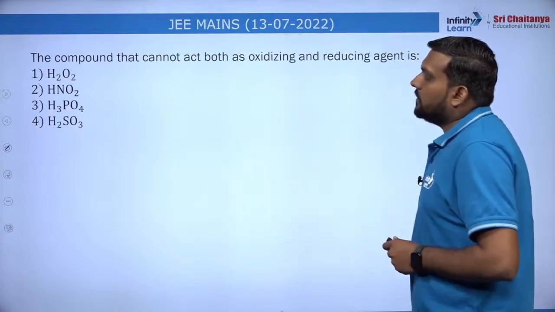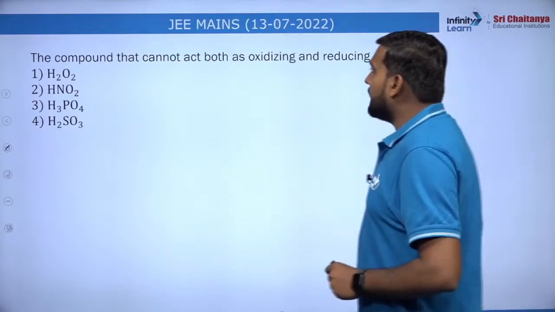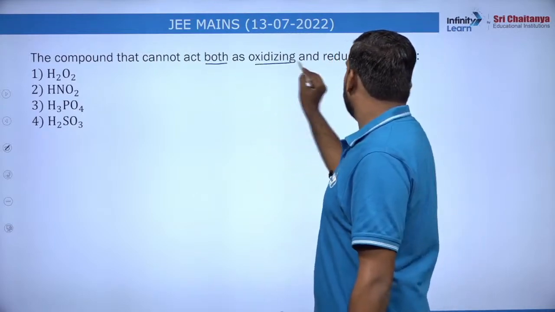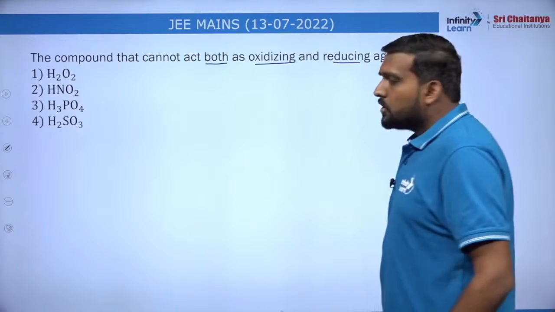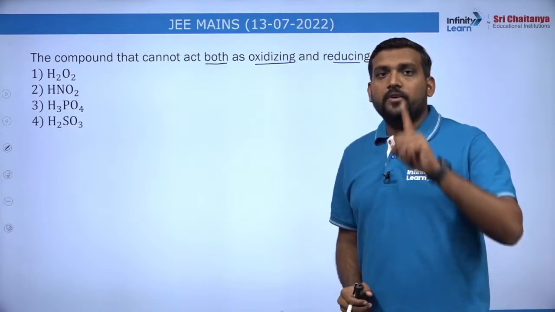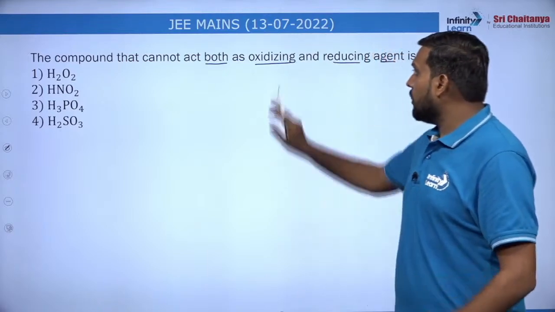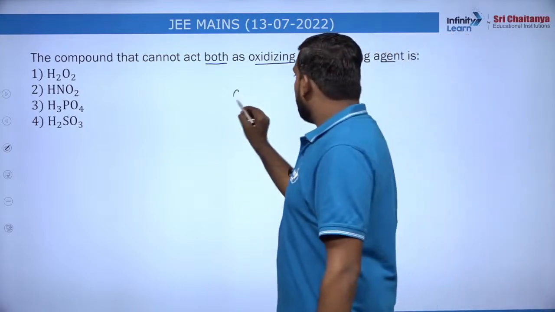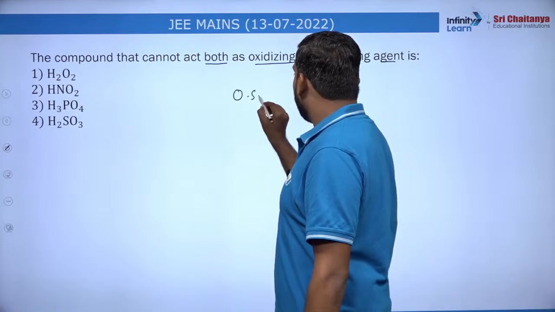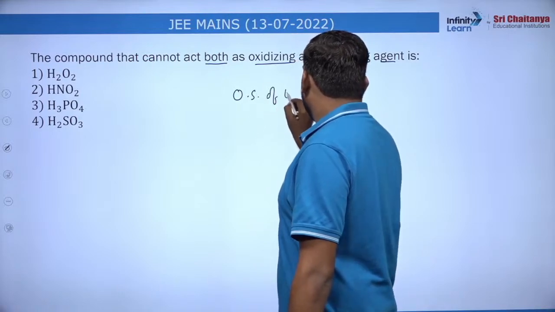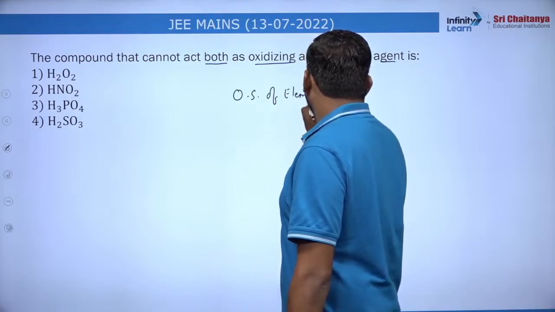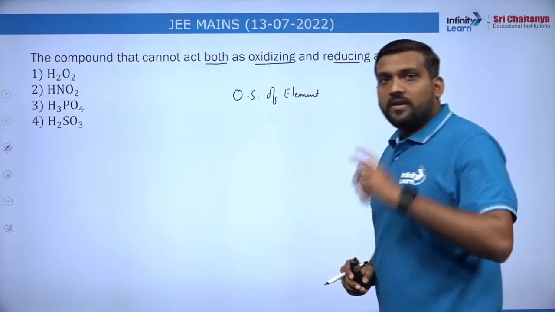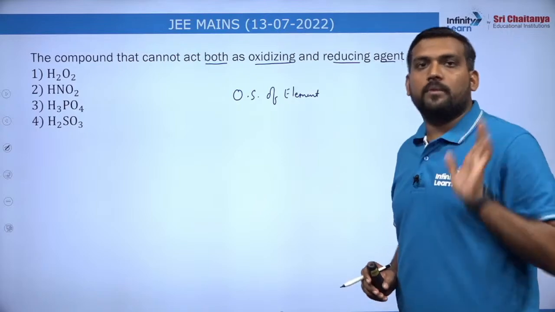Moving to the next, the compound that cannot act as both oxidizing and reducing agent. So any compound, if it has to act as both the oxidizing as well as the reducing agent, then remember that the oxidation state of that element should be between the maximum and the minimum value.